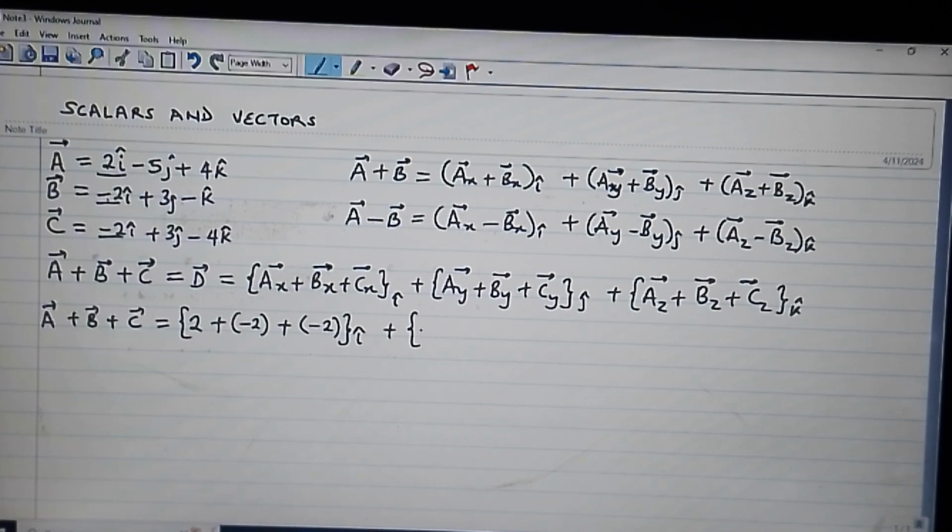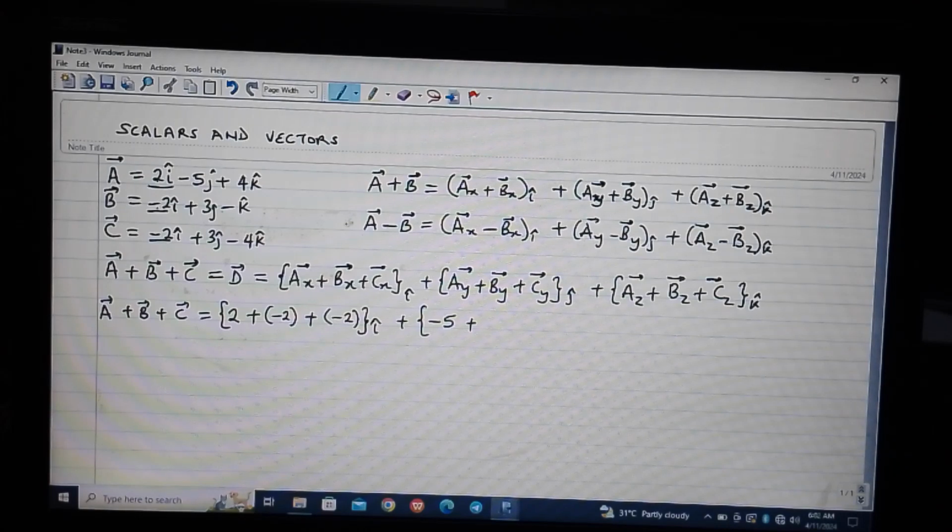So we say minus 5 plus, we have minus 5 plus 3 plus another 3, close the bracket, j plus, you have 4 plus, the next one is minus 1 because you have minus k, coefficient of k is 1, so plus minus 1 plus, here you have negative 4.